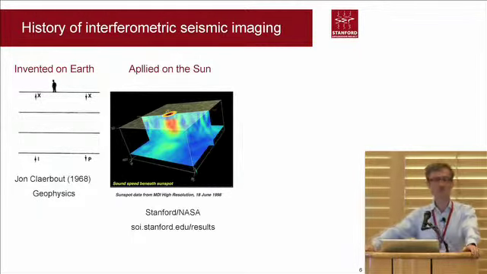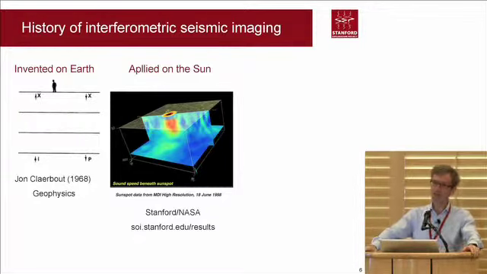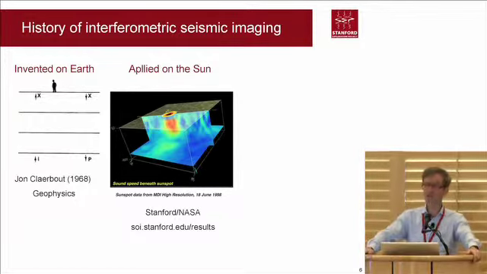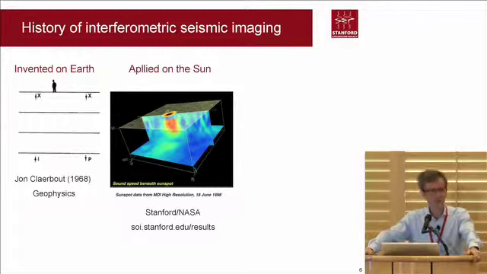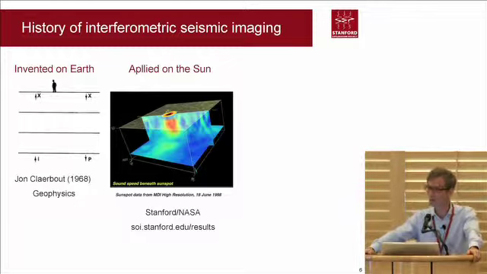The helioseismologists, here at Stanford and NASA in particular, put up a satellite for recording Doppler data from the sun. You can think of it as recording continuous passive seismic data from the surface of the sun. Using the idea of interferometry, they learned a lot about the sun.